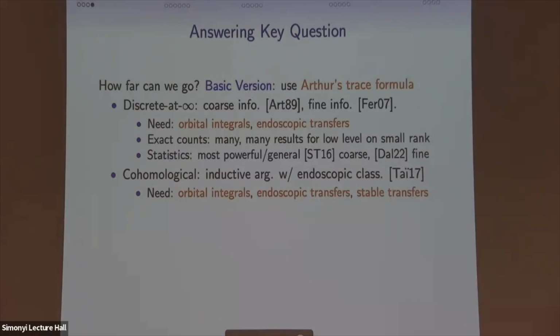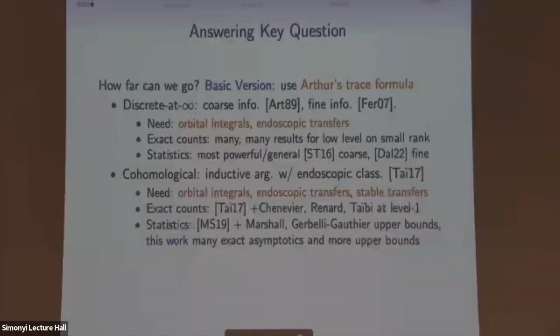But again, in special cases, you can say enough about this to get results. So for exact counts, Taibbi used this to get exact counts at level 1, and there's other work that uses it to get exact counts at level 1. And then if you want to look at these statistical problems, or you want to look at asymptotics and limiting distributions, basically one place to look that has a good summary of how to do it for just upper bounds is a paper by Marshall and Shin, and other work by Marshall and Gauthier that also gets some upper bounds.